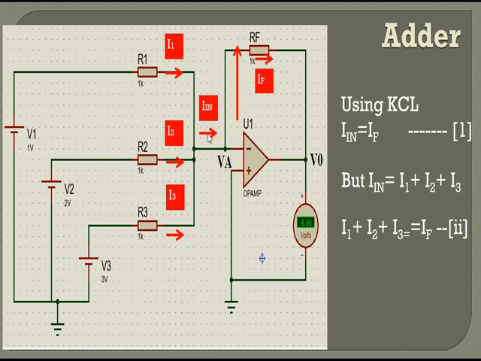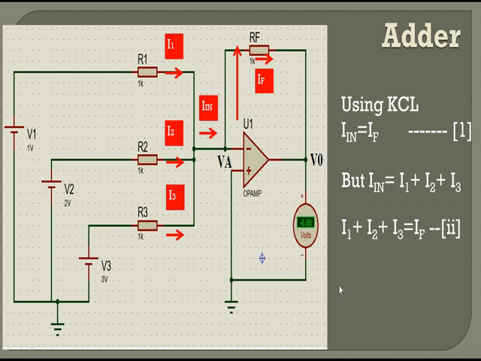But I in is the sum of I1, I2 and I3, because all three currents are collected at this point, and the current at this point is called I in. So I in equals I1 plus I2 plus I3. Putting this into equation number 1, we get I1 plus I2 plus I3 equals IF.